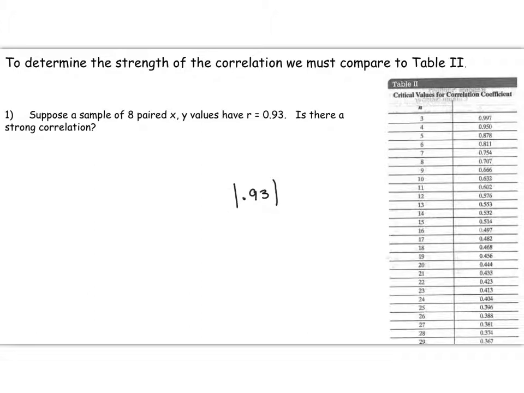We look in the chart at n equals 8 because that's how many pieces of data we have, and our correlation coefficient must be greater than the critical value, and 0.93 is greater than 0.707. So yes, there is a strong correlation.